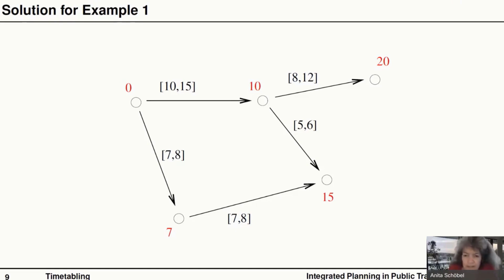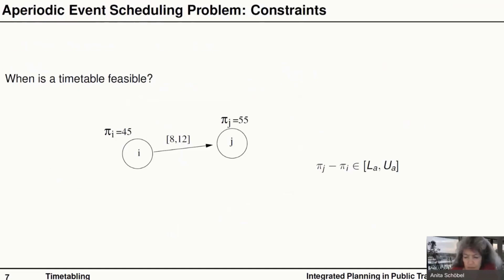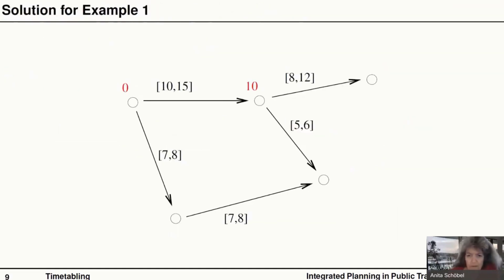And on the lower activity we have 15 minus 7, which is 8, which is also in the right interval. So our red numbers here would be a feasible timetable, because these red numbers respect all our constraints. And the constraints are here on the right-hand side of the formula. This is just the type of constraint.